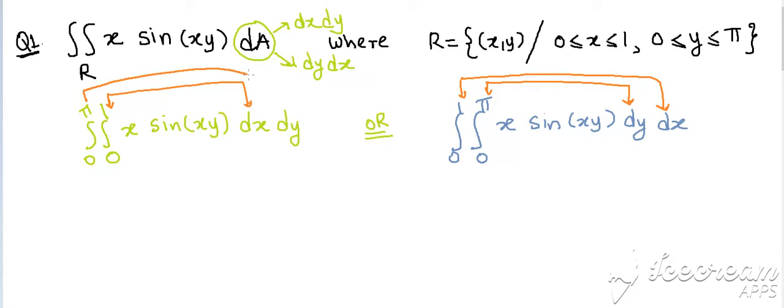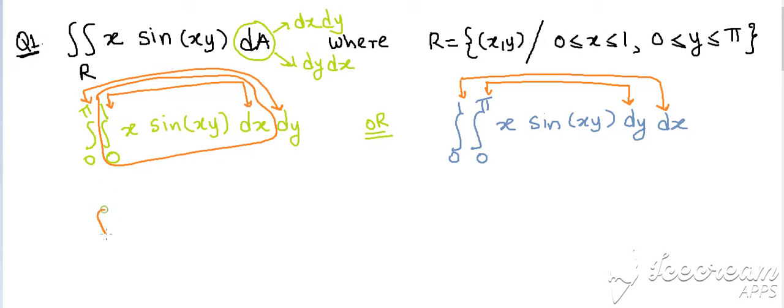Now if we look at the two integrals, in the first integral, when we start integrating, we will start by integrating this bracket, right? So let me write down this integral.